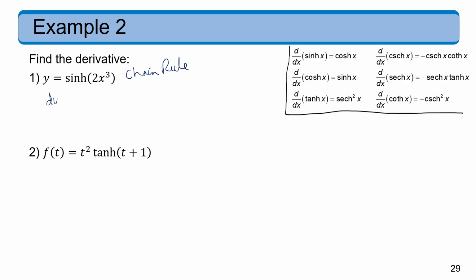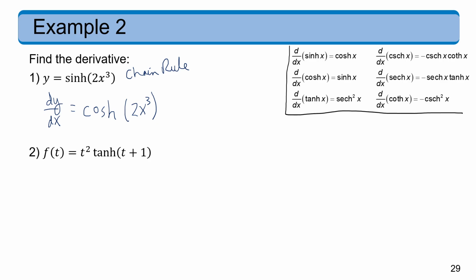So our derivative, we could call dy dx, equals the derivative of the outer function, which means the derivative of hyperbolic sine. We can see over on the right that derivative is hyperbolic cosine. But remember, as always, when you're using the chain rule, it's not x here, it's whatever your inside part is. That's the first factor of the chain rule. Then we multiply by the derivative of the inside part.